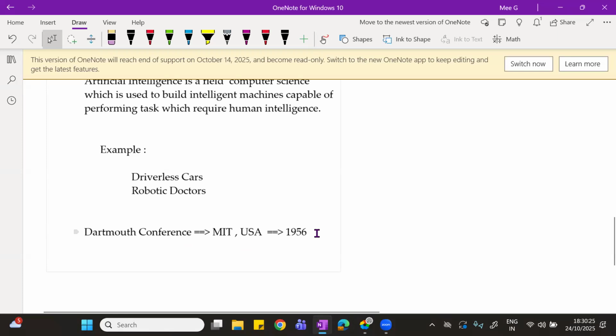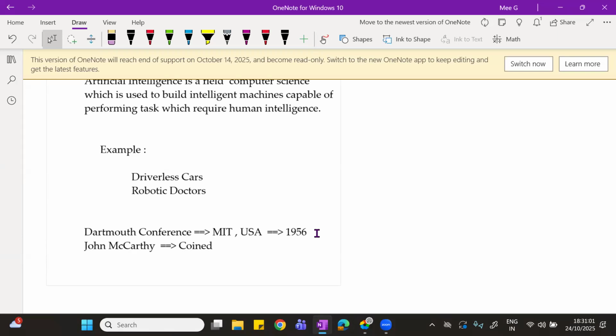In this 1956, they held this 5-year conference: 1956, 1957, 58, 59, and 60. They conducted it for 5 years. And in the first year, there was a gentleman called John McCarthy. John McCarthy came into the picture and he coined the term. Coined means whenever we use a particular term for the first time, it has not been used before.